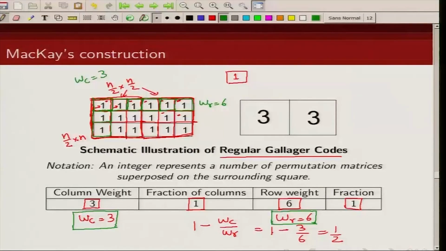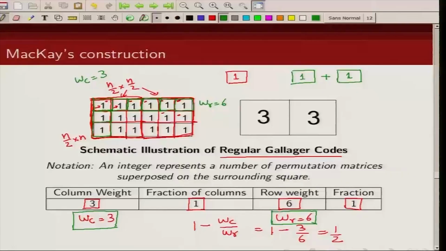Now, the same thing can be generated by overlapping random permutation matrices. What do I mean by overlap of random permutation matrices? Let us say you have a permutation matrix and you add another permutation matrix.